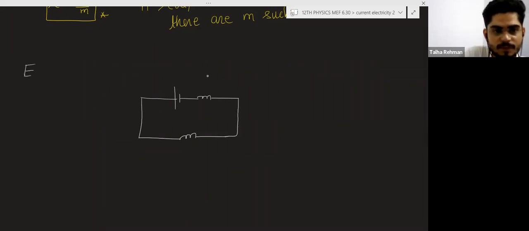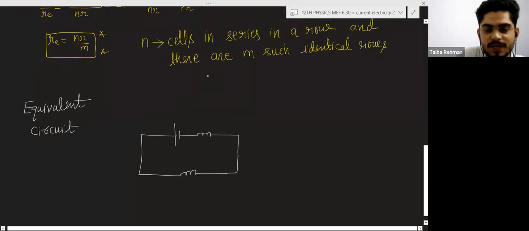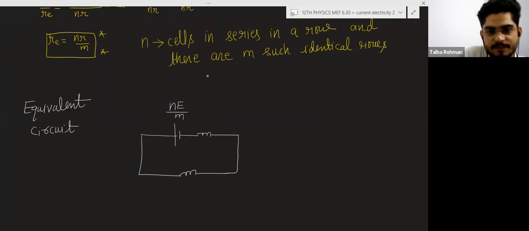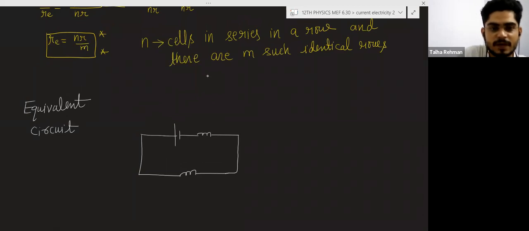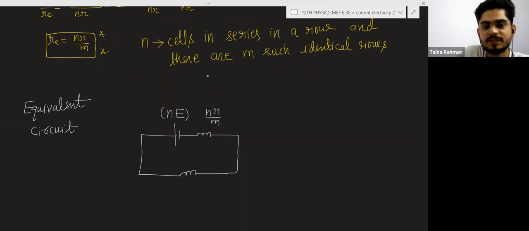The equivalent EMF is Ne, and the equivalent internal resistance is NR divided by M. And this is R now.